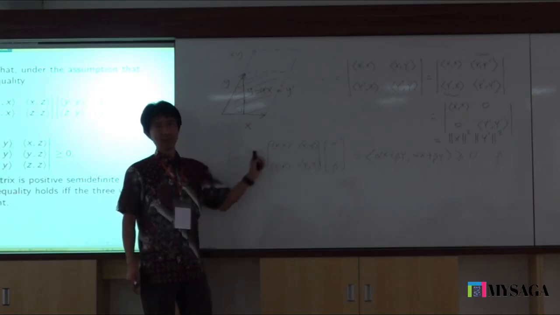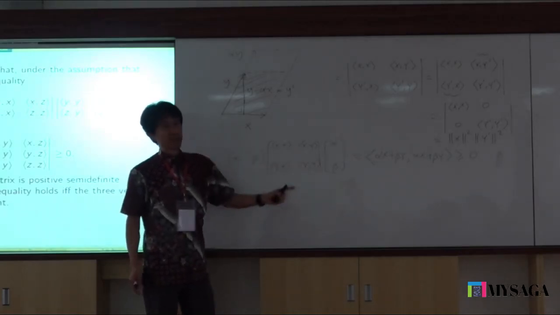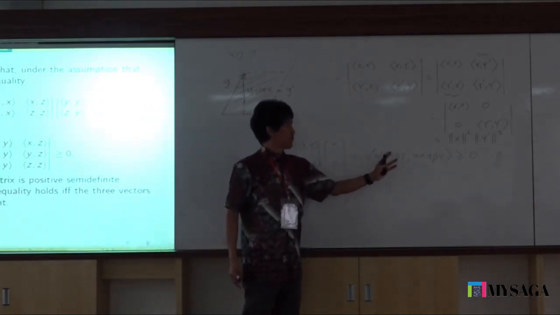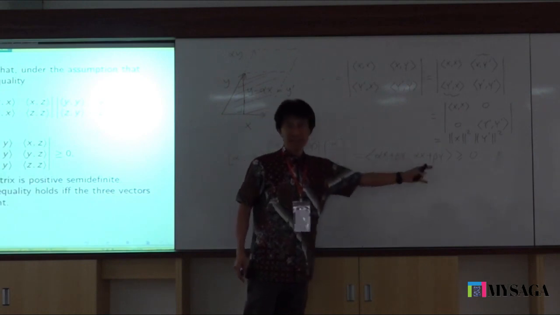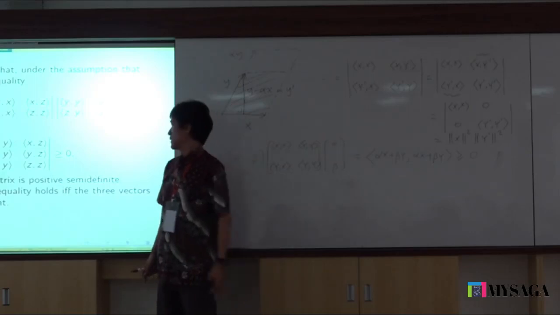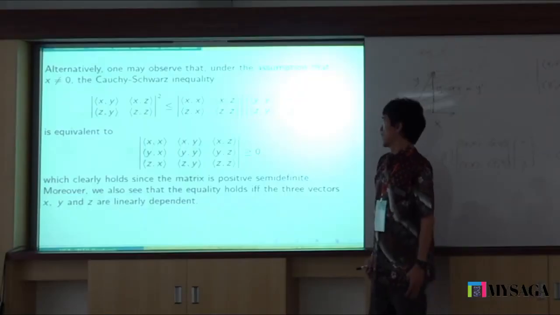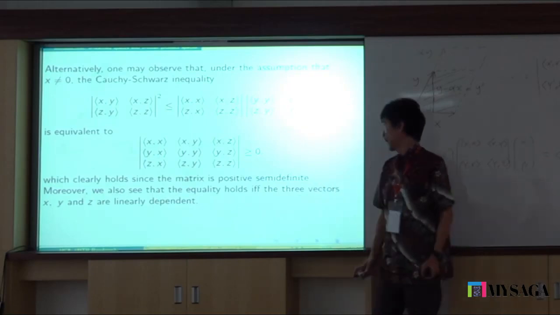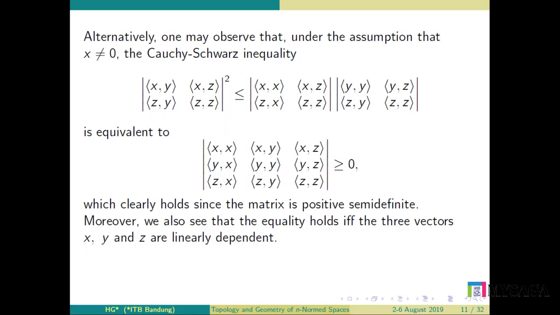You do the same thing here, then you get alpha x plus beta y plus gamma z, inner product with itself, which is of course non-negative. And we see also that the equality holds if and only if the three vectors are linearly dependent.